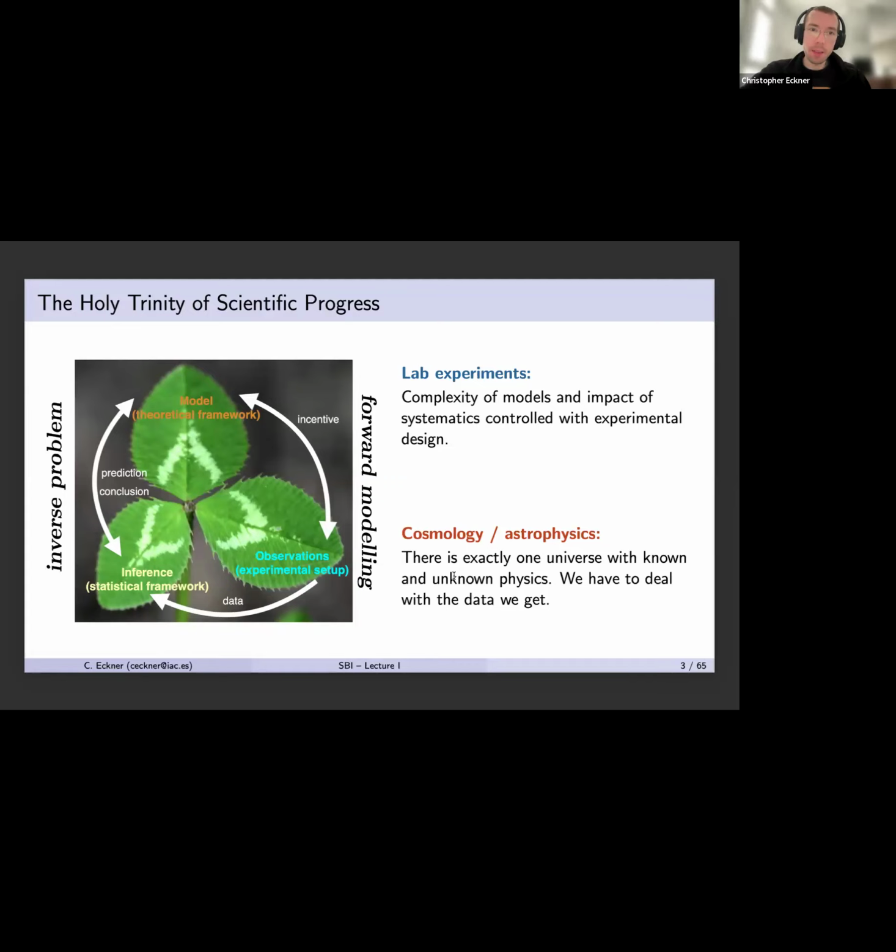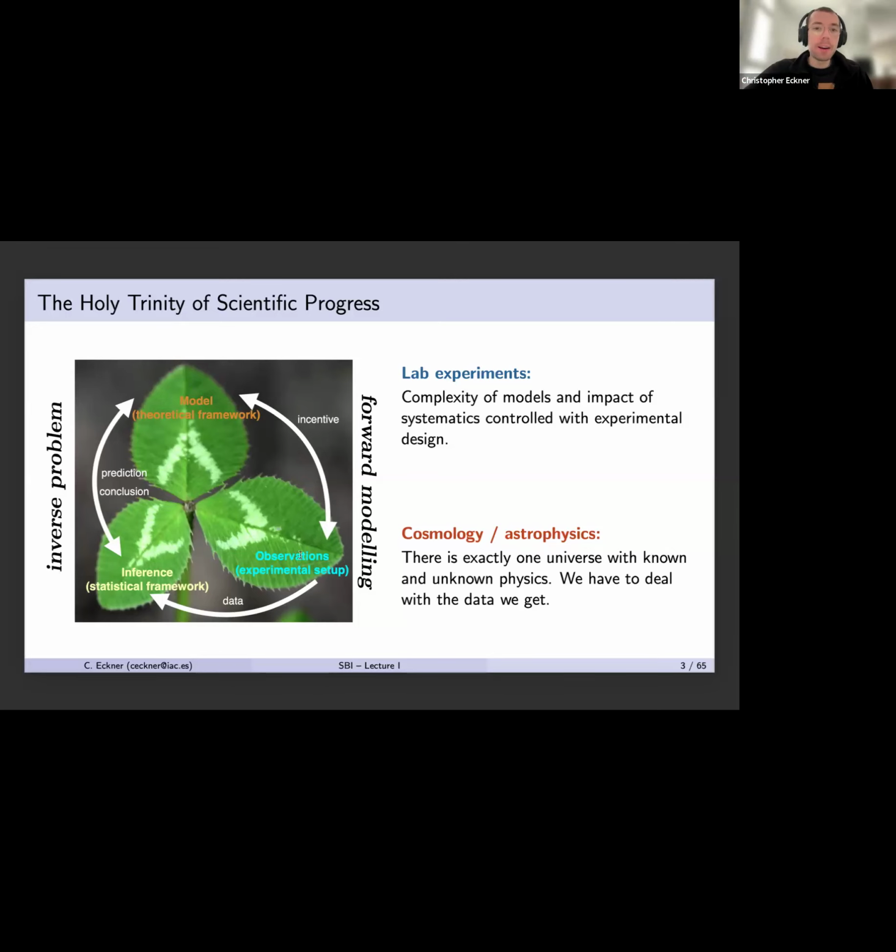But there's another way, and this is to use machine learning directly for performing the inverse problem in science. Physics, biology, chemistry, neuroscience, they all are observational parts of the science, meaning that what we are trying to do is to explain nature by having some theoretical framework, if you wish, a model that predicts what we observe.